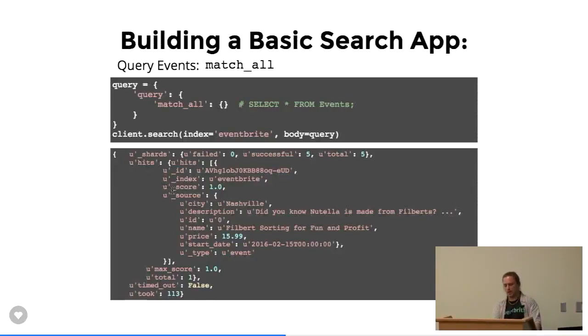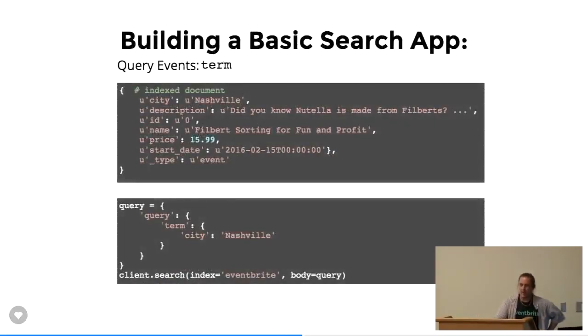You can see it, but it gives you back what you'd expect. It tells you how much time the query took. It tells you if there's any errors, and obviously, importantly, it gives you all the hits back, all the documents that match the query, sorted by how well they match the query. In the case of match all, there's no notion of relevance, so you just get them back in the order that you index them.